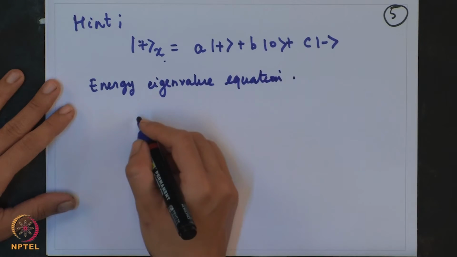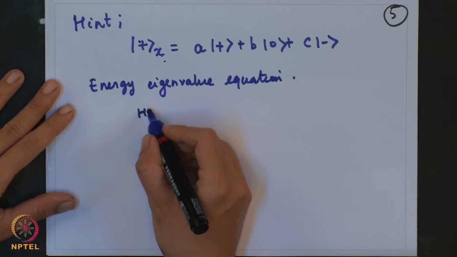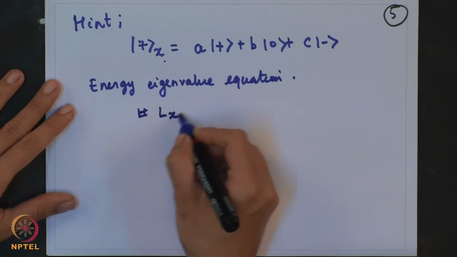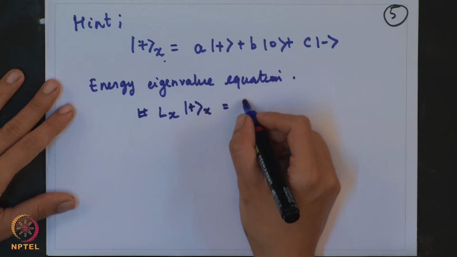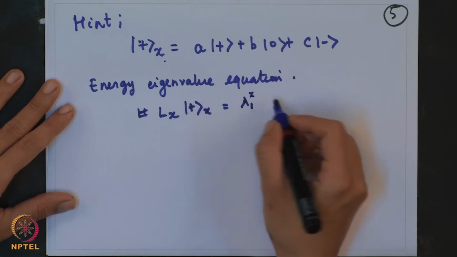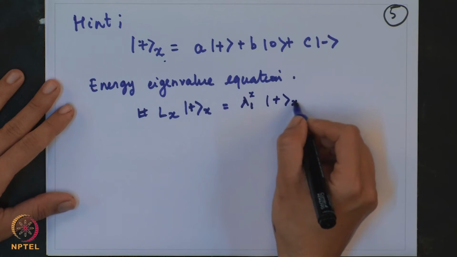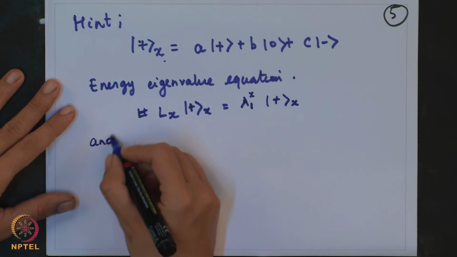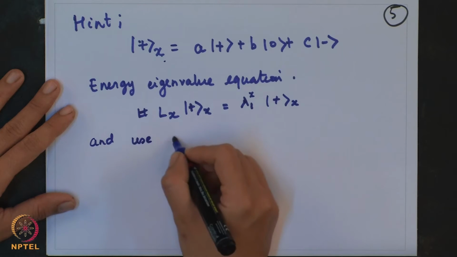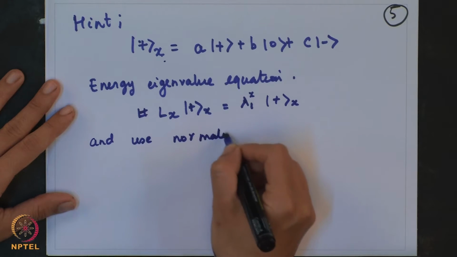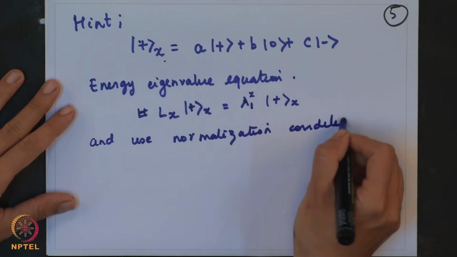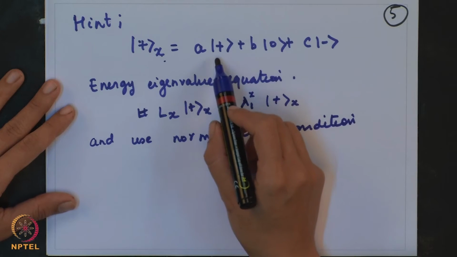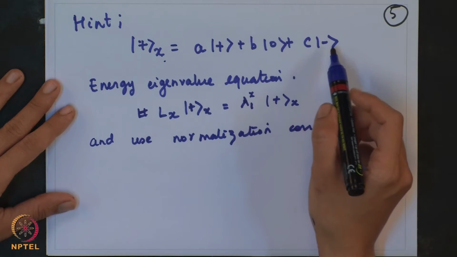So, you have Lx acting on plus x equal to the eigenvalue, say lambda 1, times plus x, and you will use the normalization condition. You know that the plus, 0 and minus kets are orthogonal.